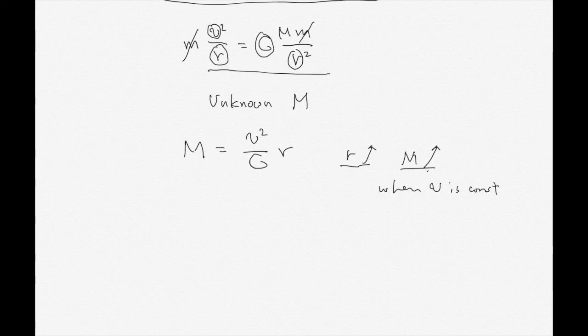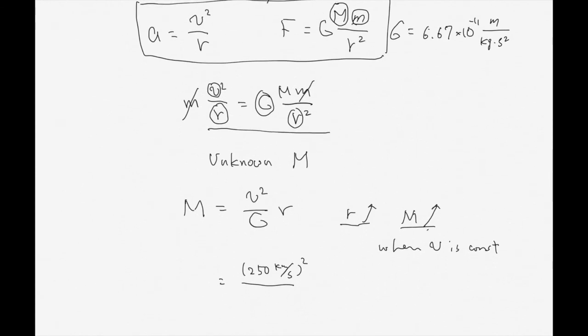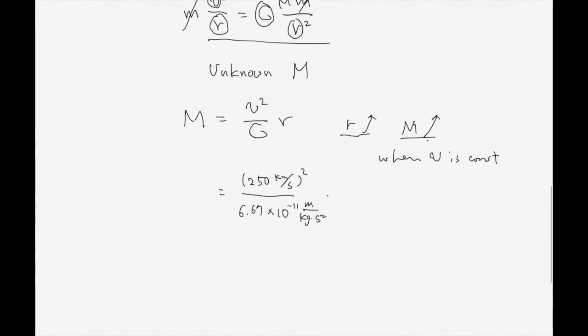Then we use this equation to determine the mass inside of the orbit of the Sun. You can substitute v equal to 250 kilometers per second, G is 6.67 times 10 to the minus 11, and r is the distance from the center of the galaxy, 30,000 light years.